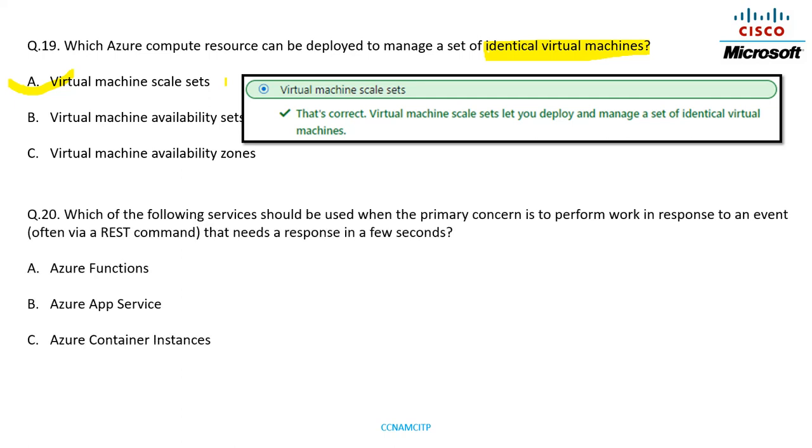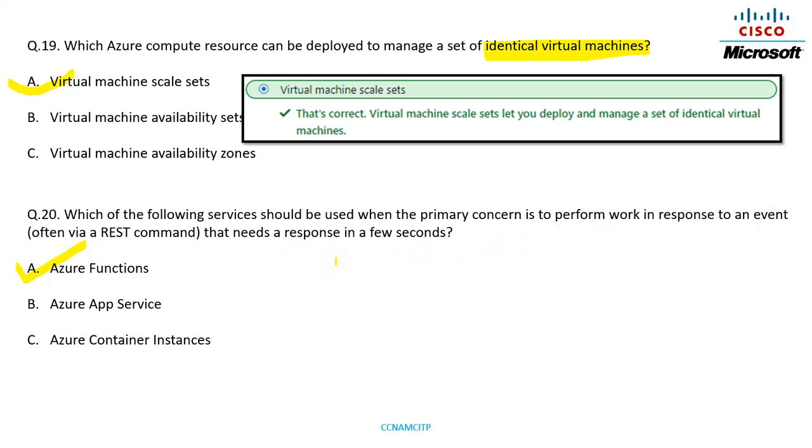Next question we will see, 20th. So guys, which of the following services should be used when the primary concern is to perform work in response to an event, and often by a REST command that needs a response in a few seconds? So it is all about Azure Function. Okay, if we are talking about events and triggers, it goes to Azure Function.